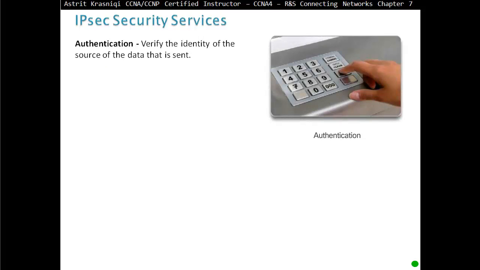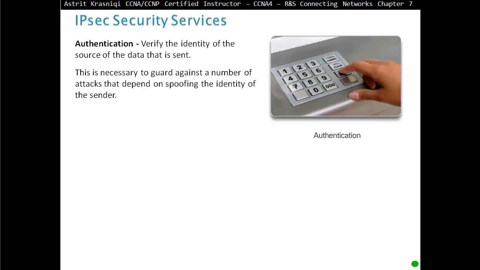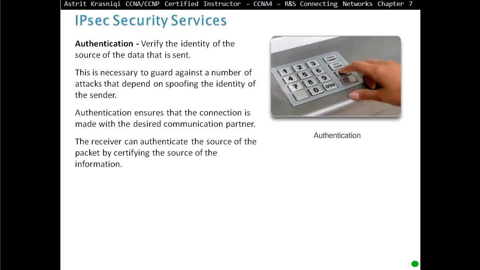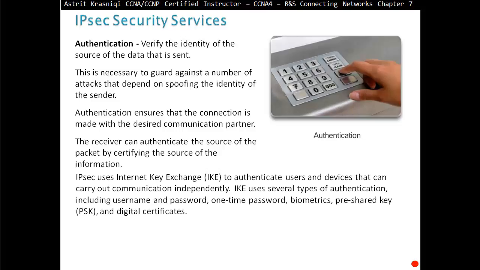Authentication will verify the identity of the source of the data that is sent. This is necessary to guard against a number of attacks that depend on spoofing the identity of the sender. Authentication ensures that the connection is made with the desired communication partner. The receiver can authenticate the source of the packet by certifying the source of the information.